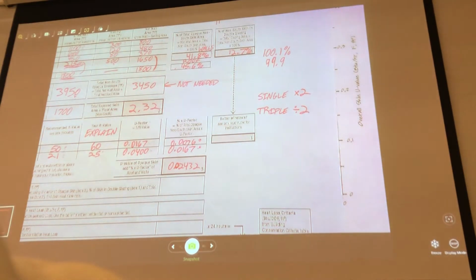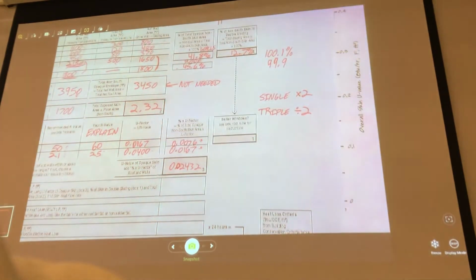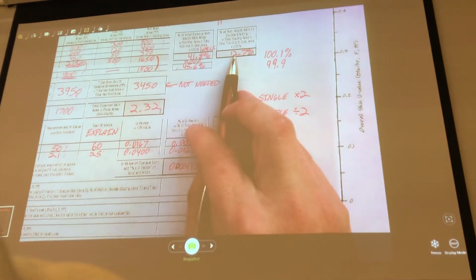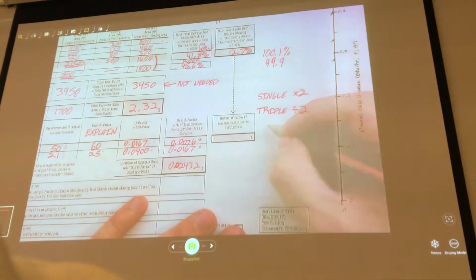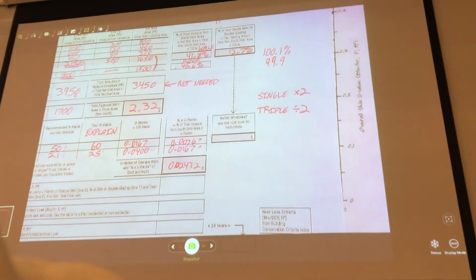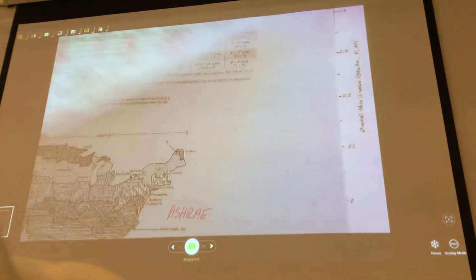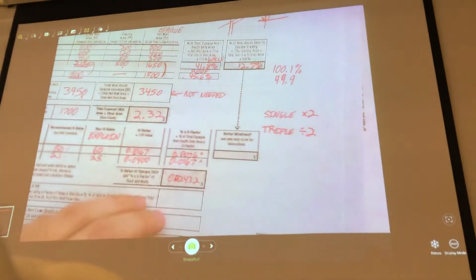And if you have double pane glass, just keep it the same. This is already for double pane glass. So in this case, if I've got single pane glass, I'm looking at a factor of, what are they doing up there? I have no clue.